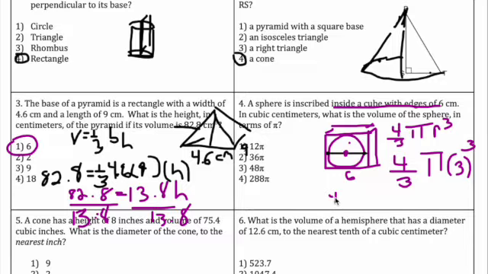Then we have 4 over 3 pi, 27. 3 cubed is 27. 3 times 3 is 9 times 3 is 27. Then 3 goes into 27, right? 9 times. So we end up with 4 pi times 9. Okay. Hope you see how I got that. I divided it out and I ended up with 4 pi, and this becomes 9 over here. Okay, and it's 36 pi.